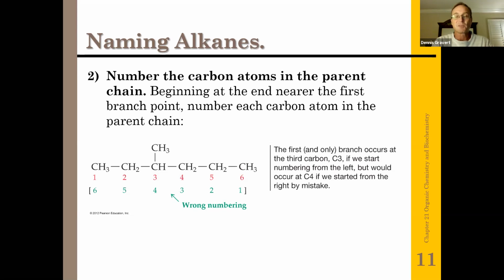It's important to count from the end of the chain that gets you to something interesting as fast as you can. So we've got a chain of 6 carbons here, and you have a choice. Is the carbon on the left side of the chain the first one, or is the carbon on the right the first one? And the answer is the chain begins on the side that will get you to the branch point as fast as you can.